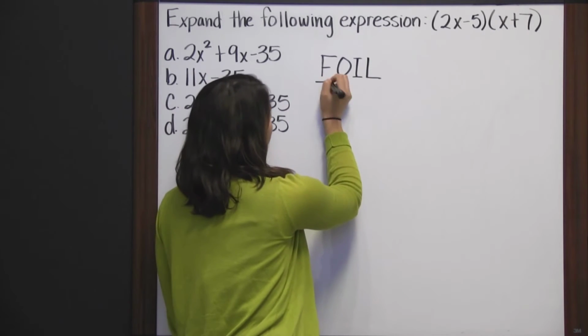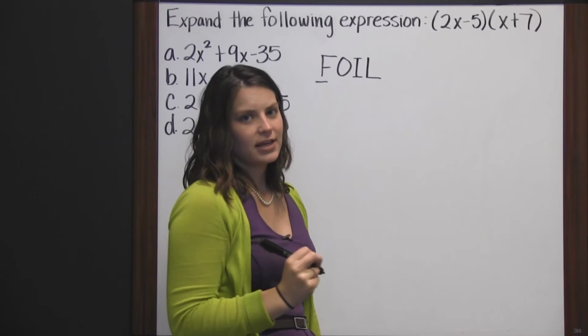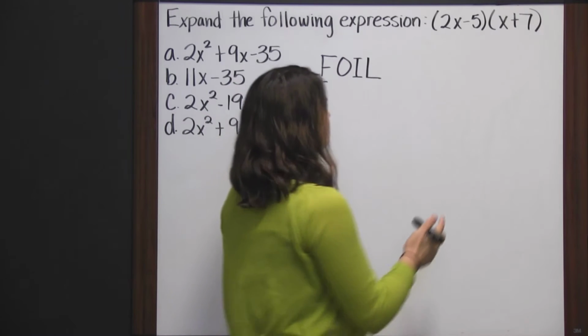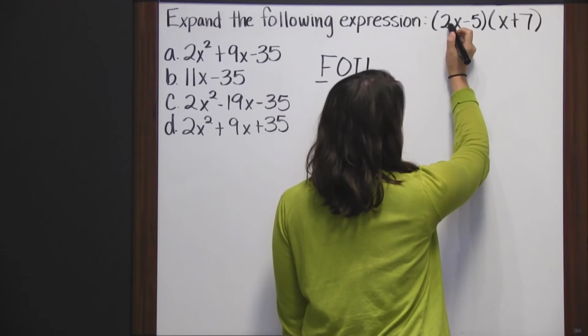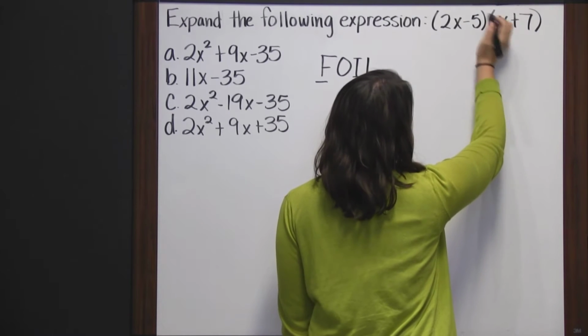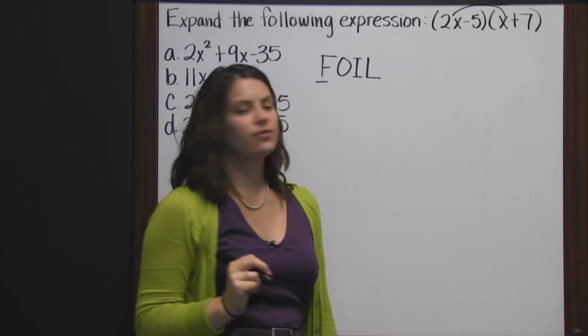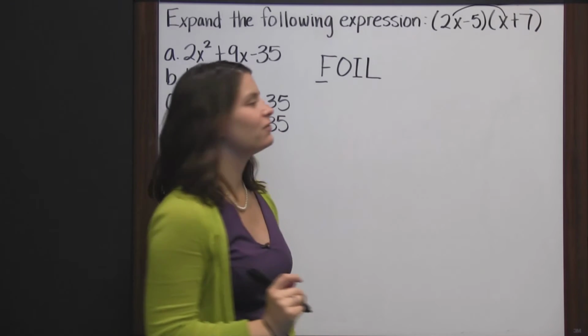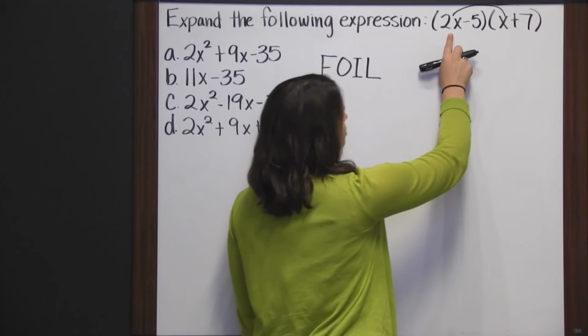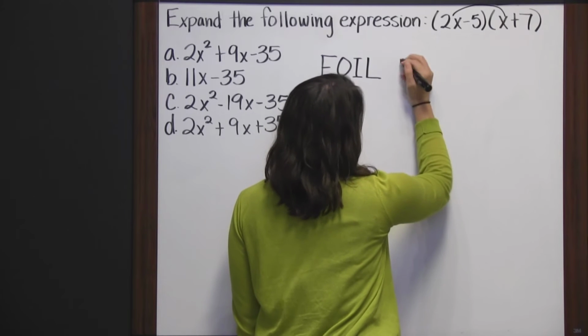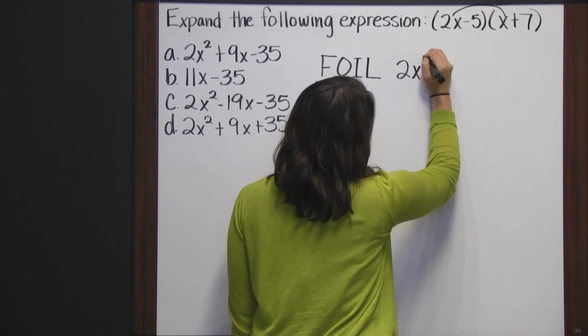So we start with F, first. That tells you to multiply the first terms in each set of parentheses. So that's 2x times x. 2x times x is 2x squared.